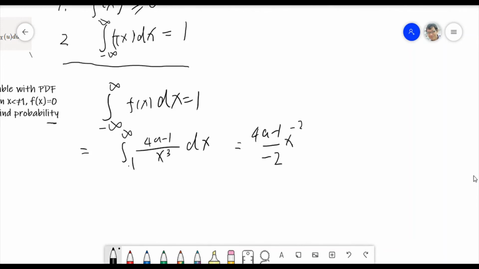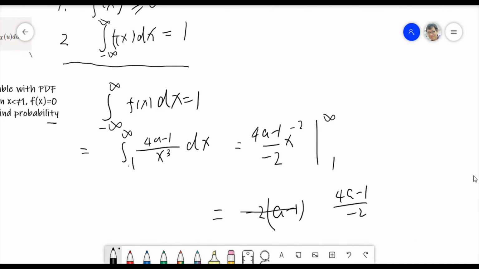Am I right? I think I'm right. So this one should be right as well. So what's that? It should be negative 2, a minus 1, am I right? Oh no, I'm wrong. You just copy that, 4a minus 1 over negative 2, okay?